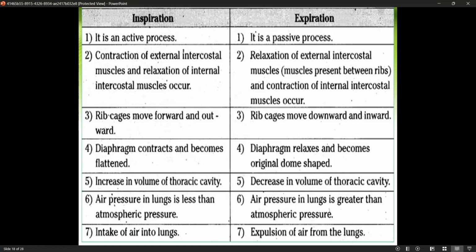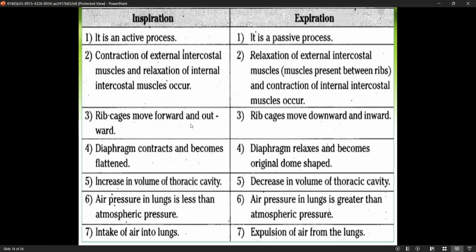Both the contraction and relaxation happen at the same time, so that inspiration is happening. And what is expiration? How is it happening? Relaxation of the external intercostal muscles and contraction of the internal intercostal muscles occur. That's how inspiration and expiration happen.